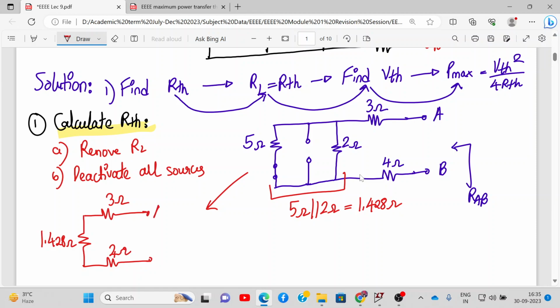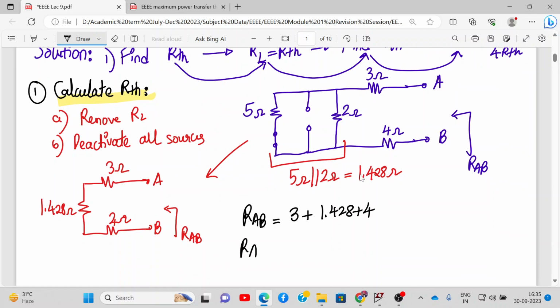This is A and B, and now we need to find RAB. RAB is the series combination of these three resistances. So RAB will be equal to 3 ohm plus 1.428 plus 4 ohm, and that comes out to be RAB equal to RTH, which is equal to 8.43 ohms.